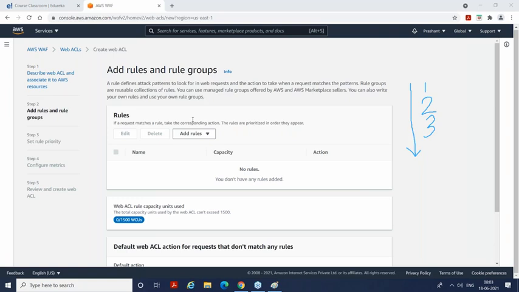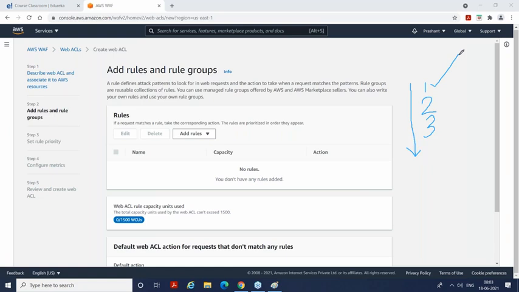So when I say top to bottom order of processing, what it means is the moment it finds the best match, rule number 1 says if the traffic is from 1.1.1.1 allow, then it is not going to process any further rules. It is not going to check what is defined in rule number 2 or rule number 3, because the first rule itself is matching.